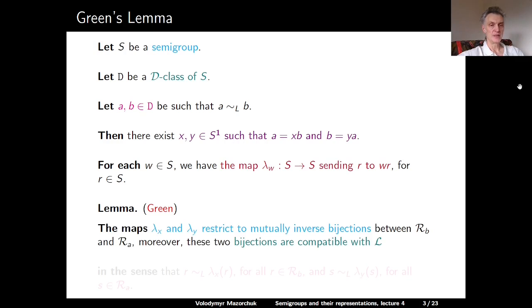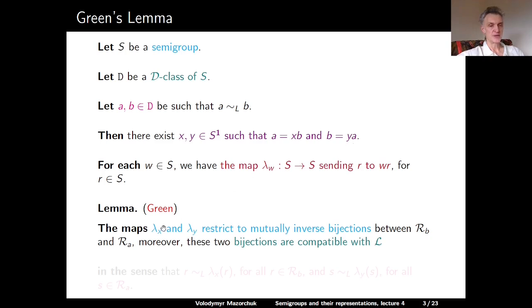The claim of the lemma is that under our setup, so we have two elements A and B in the same D class, we assume that they are left equivalent, and we assume that we have chosen X and Y in S upper 1, such that A is equal to XB and B is equal to YA.